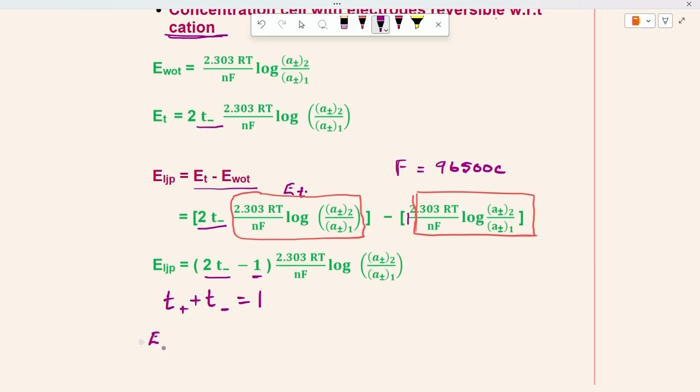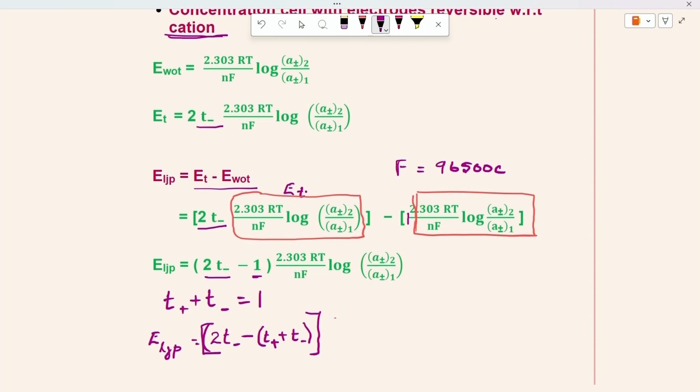ELJP is equal to 2T minus of, instead of 1 I will put this in square bracket, T plus T minus, because 1 is equal to T plus T minus.